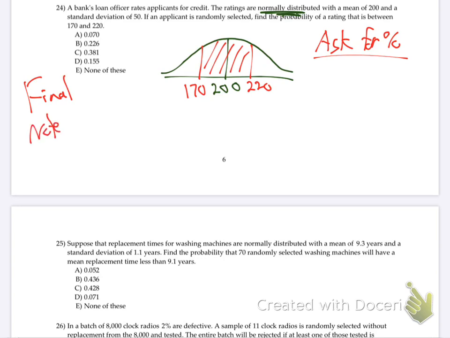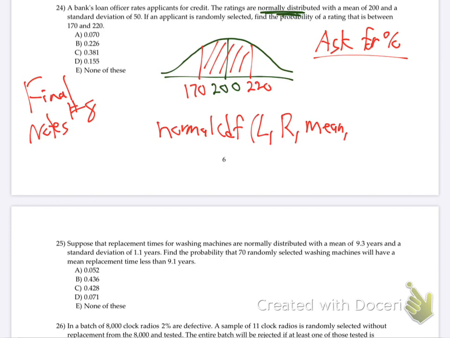Yes, number 8, asking for the percentage. That's normal CDF, right? Normal CDF: left edge, right edge, mean, and standard deviation.